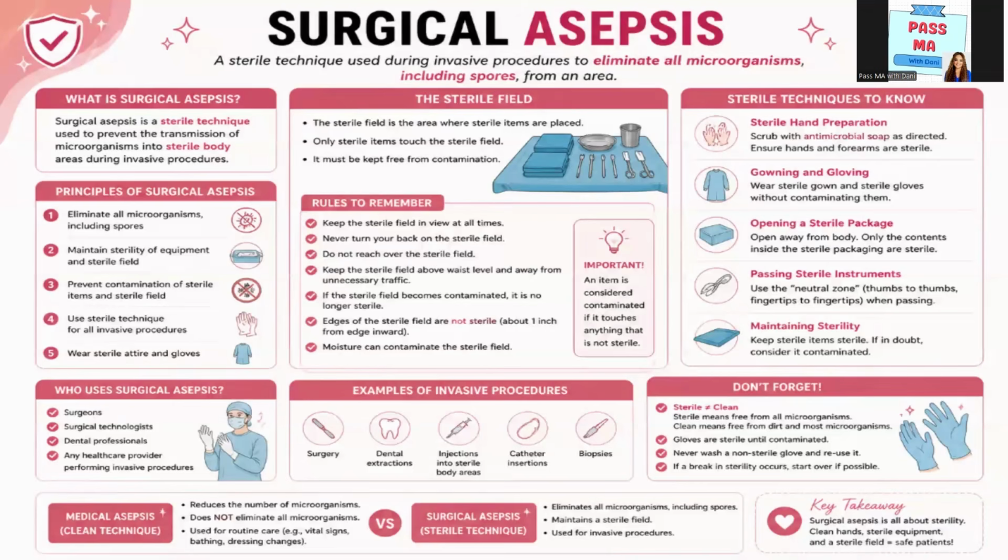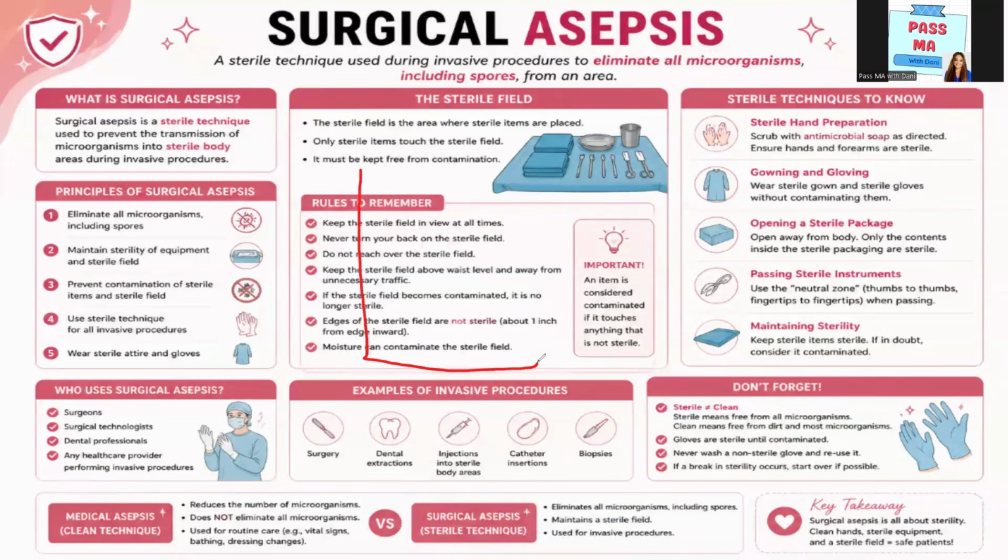Now, another thing I want you guys to remember, especially for the certification exam, is that you cannot place anything within the 1 inch border of the sterile field. So to give you an example, let me see if I can actually pull this up. Trying to see if it'll let me write on here.